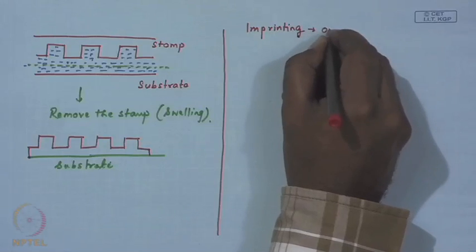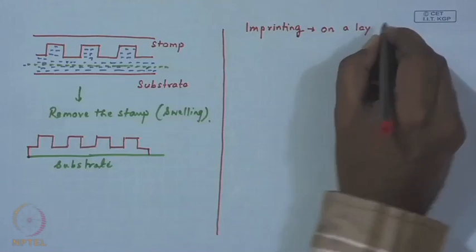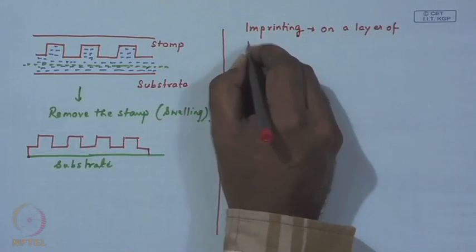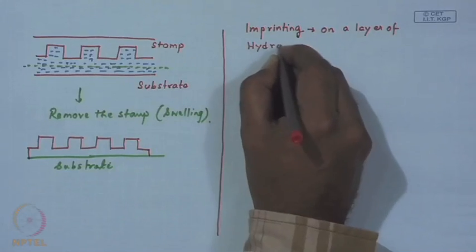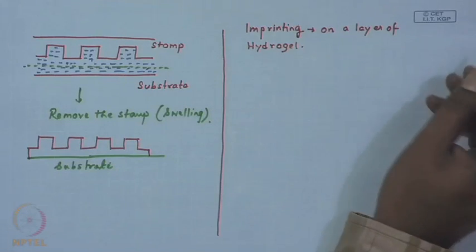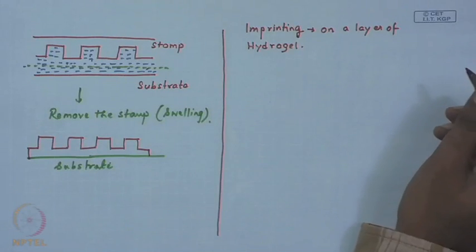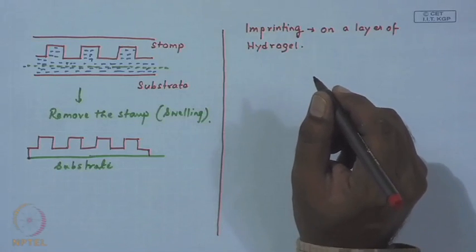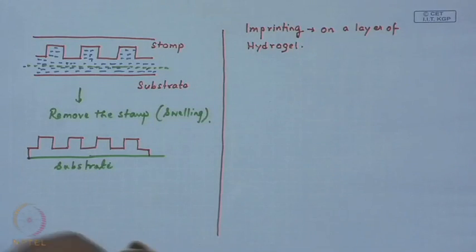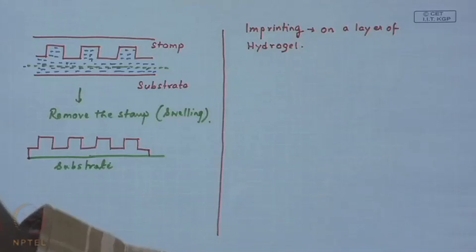Imprinting on a hydrogel. And we talked in the previous class, we gave some examples of patterning beyond the master. So, this is another example of that.